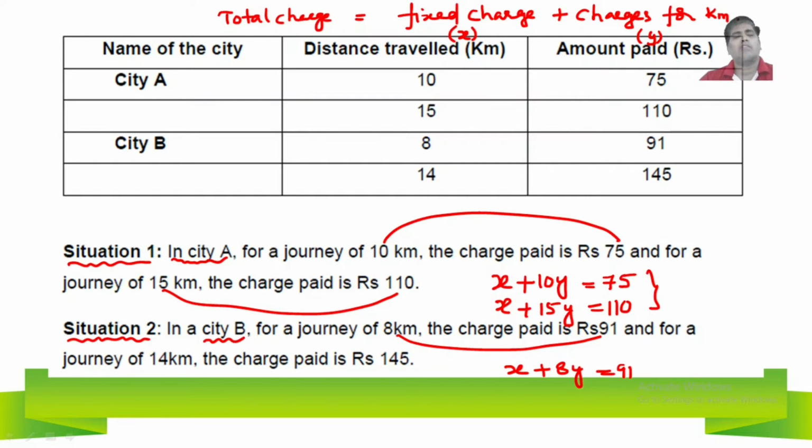So how did he get 145? He has paid the fixed charge plus 14 kilometers at y per kilometer, that is x plus 14y equal to 145. So we got another pair of linear equations in two variables. So let's see the questions now.